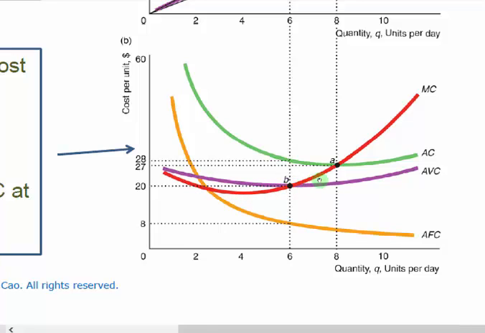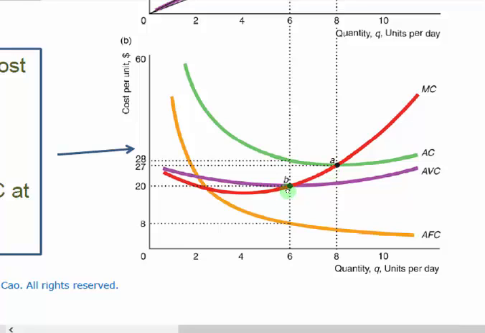And then on the other side, if the marginal cost is above the average variable cost, it actually drives up the average variable cost because the additional units are more expensive. When you put a more expensive unit into your stockpile and you calculate the average, obviously it will drive up the average.